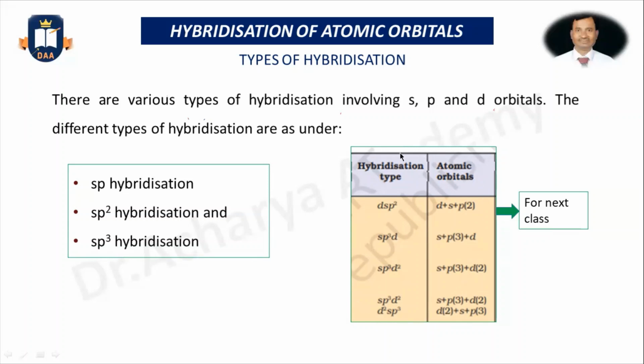And on the right side, you can see when d orbitals also participate along with s and p orbitals, then this type of hybridization can also happen. And this I'll discuss in the next class. Today I'll discuss only these 3 types of hybridization where only s and p orbitals participate to form hybridized orbitals.